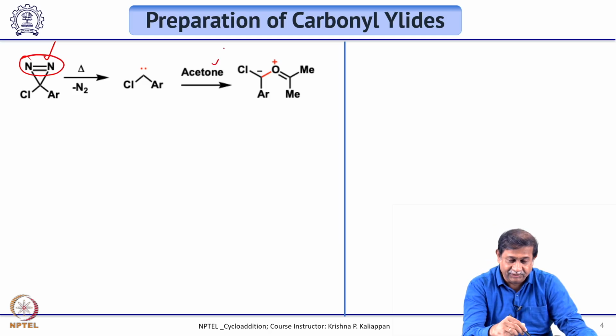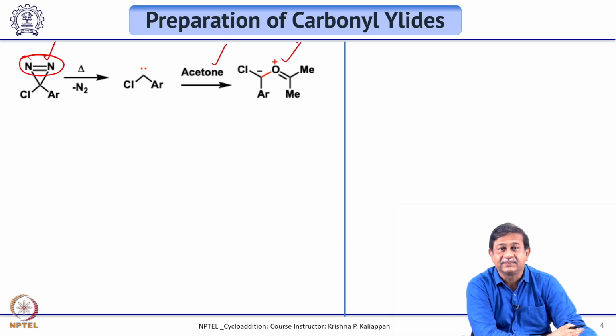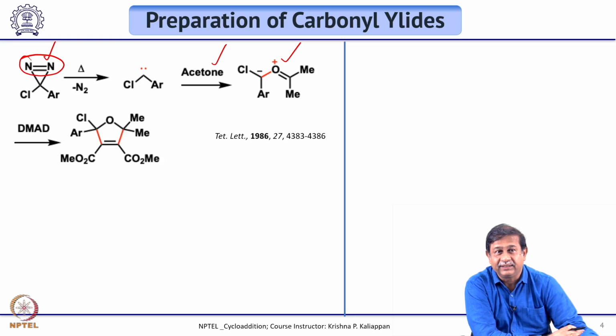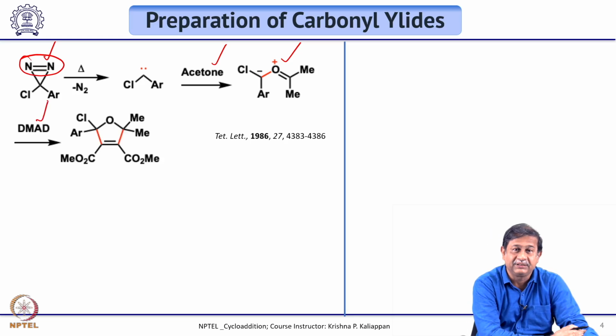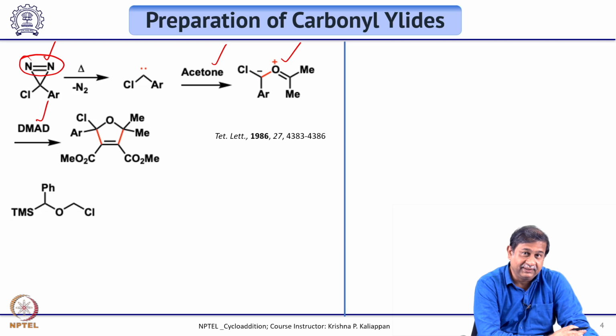For example, if you add acetone, it will immediately form this carbonyl ylide. Once the carbonyl ylide is formed, you can trap it with various dipolarophiles. For example, if you use dimethyl acetylene dicarboxylate, it can form this 5-membered ring. So this is another very simple and interesting way to prepare carbonyl ylide.